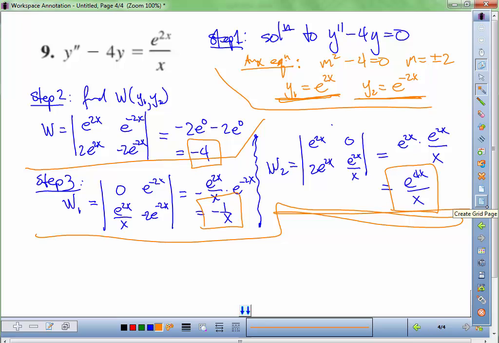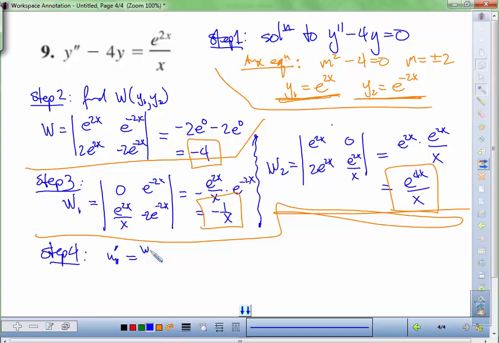Step 4. I don't know if this is worth a step, but we'll write step 4 here. We'll have u1 prime is going to be W1 over W, and W1 is negative 1 over x, and W is negative 4. So this will be positive 4 over x.